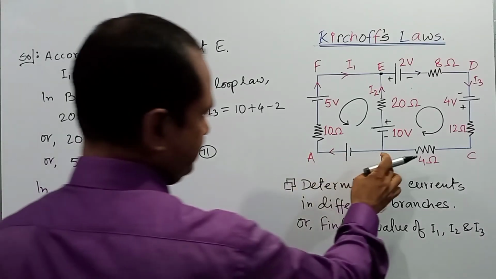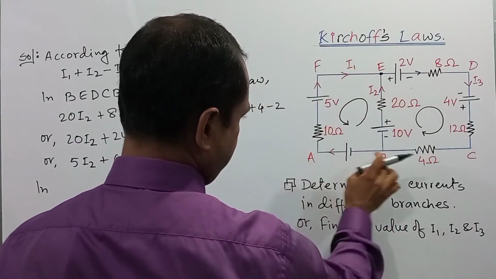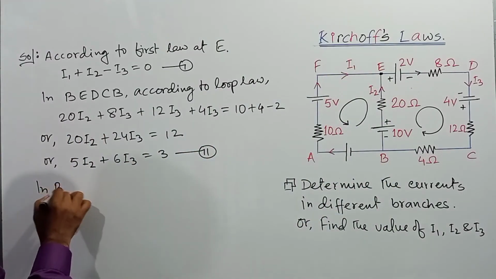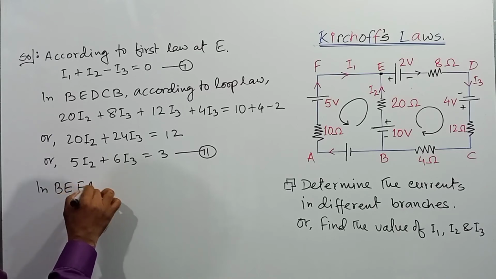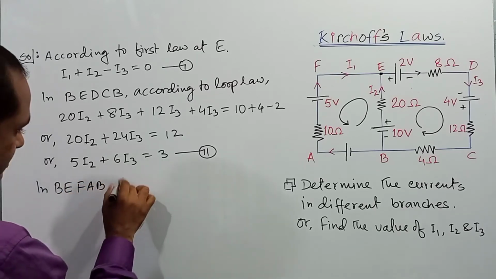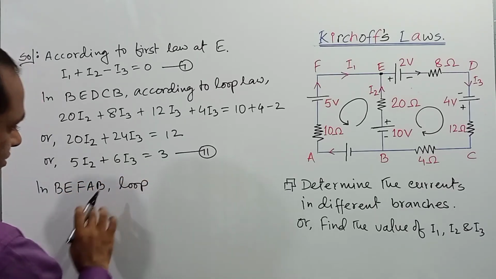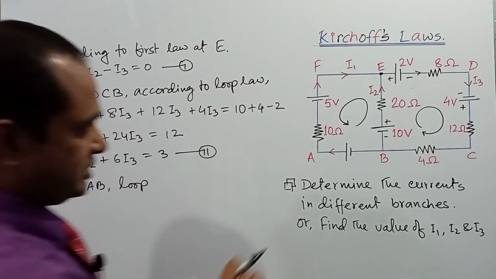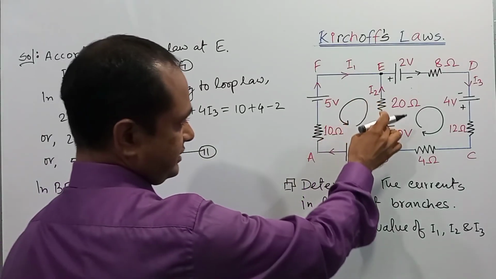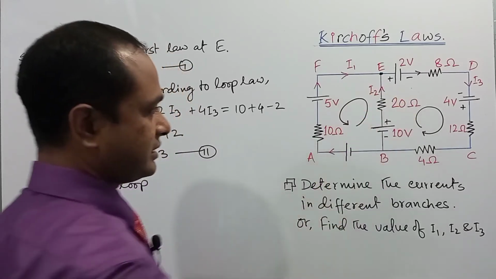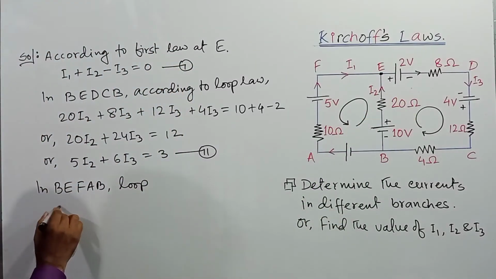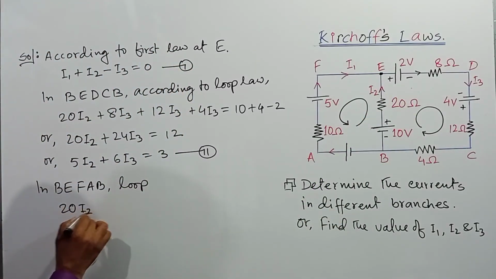So in the BEFAB loop, there is shown current I2 and the resistance is 20 ohm, so it will be 20 I2.